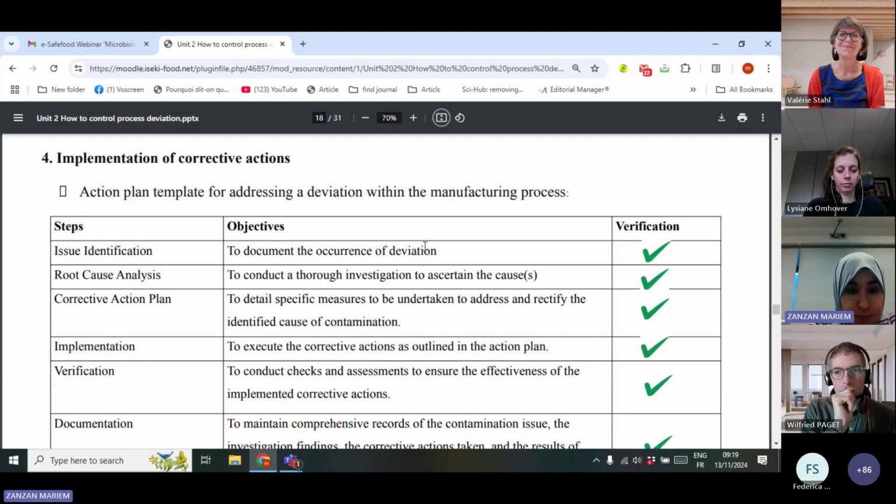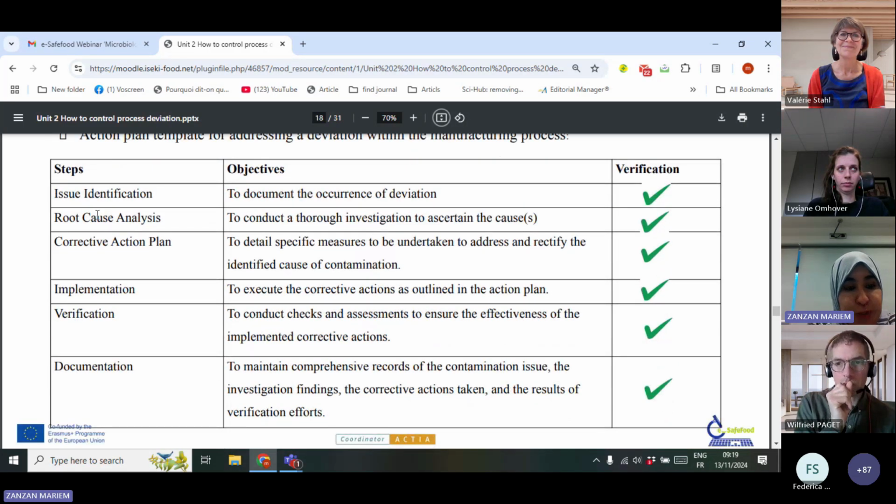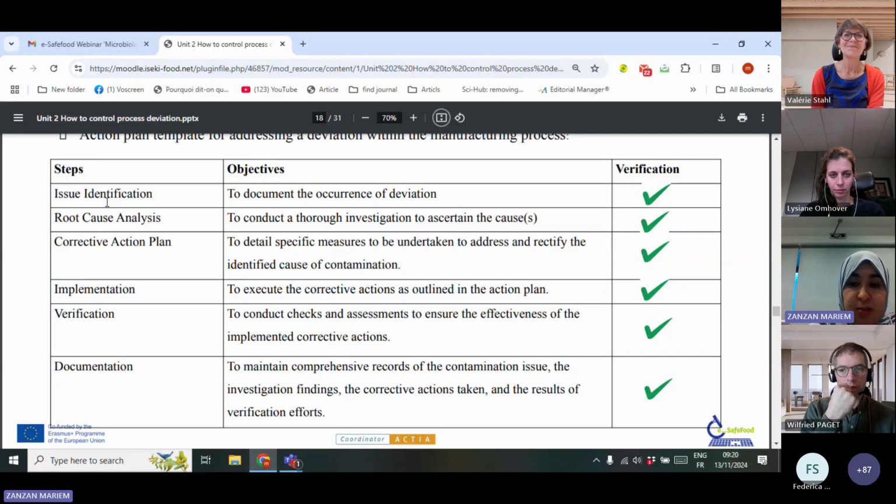So here is a checklist of the different steps in the implementation of corrective actions. As we said, we start by identifying the deviation, to document the occurrence of the deviation. After that, the root cause analysis, to conduct an investigation of the cause of this unexpected variation.